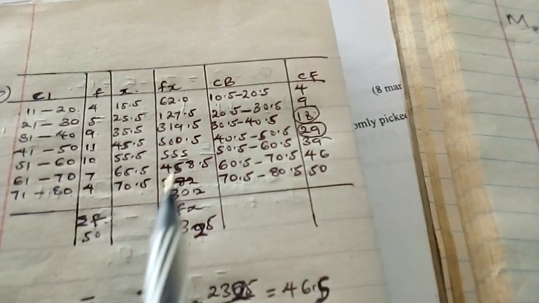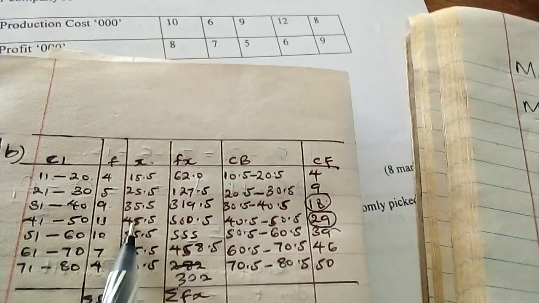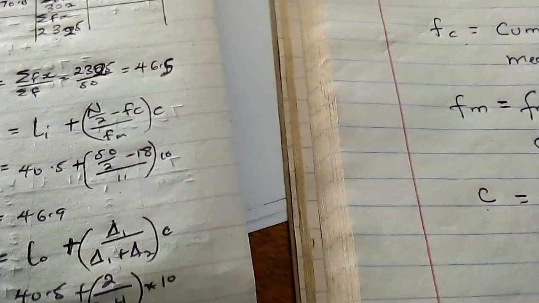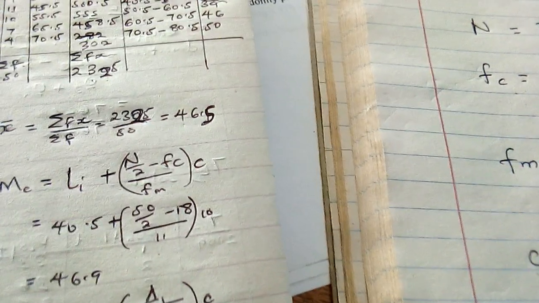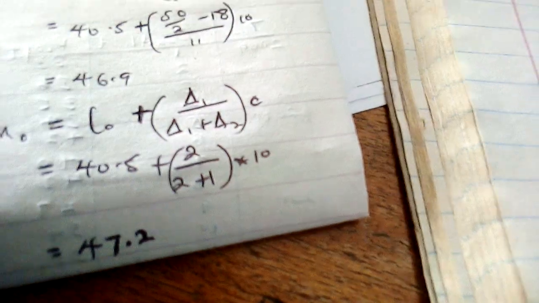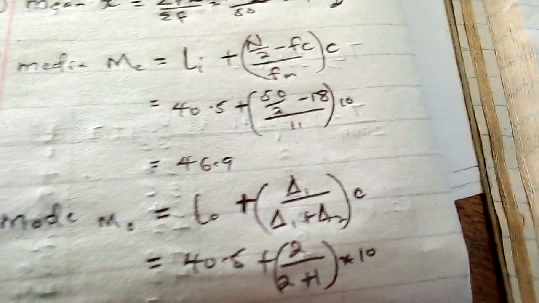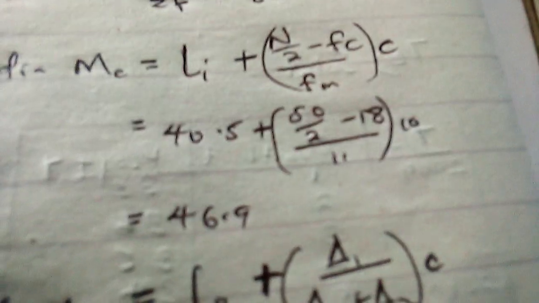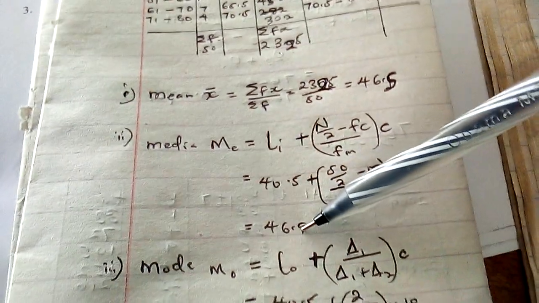Fm is the frequency of the median class. So when you come here, you get that the median class is here. So the frequency of the median class, it is 11. That's why we put here 11. And then the class width is 10. Okay. So when you calculate your value, you'll get that the median is 46.9.